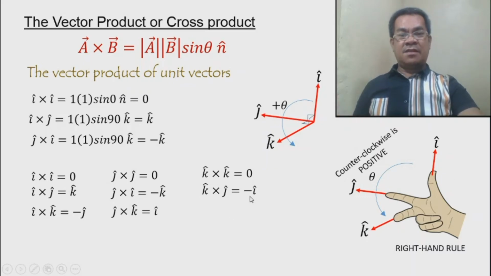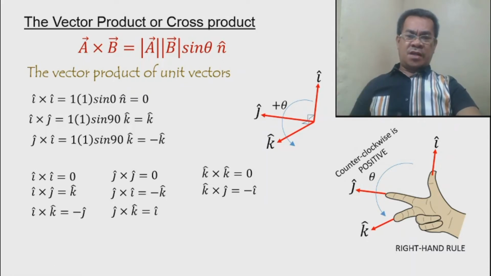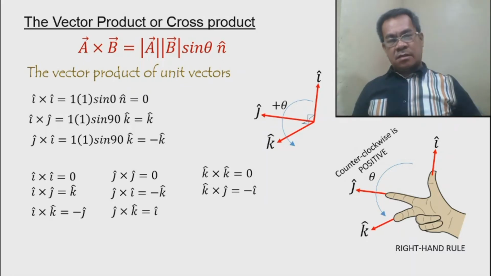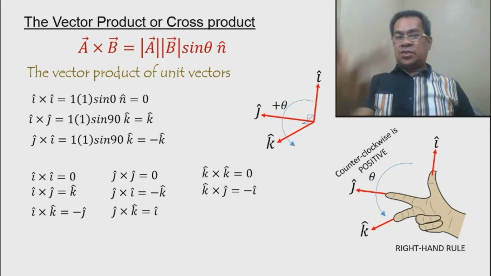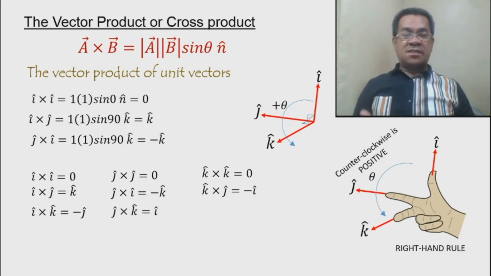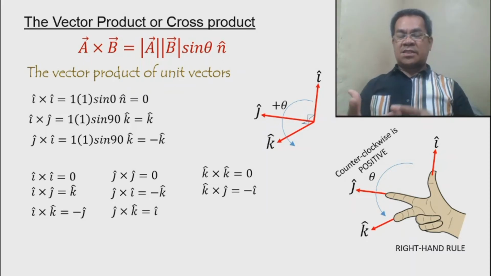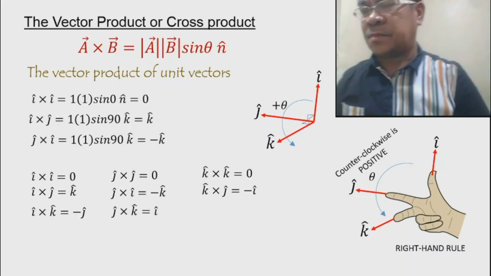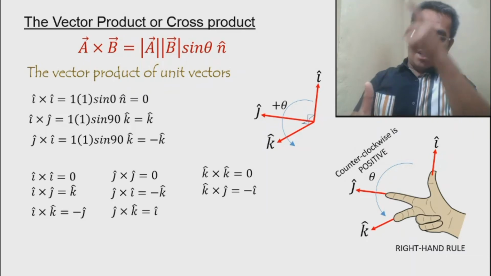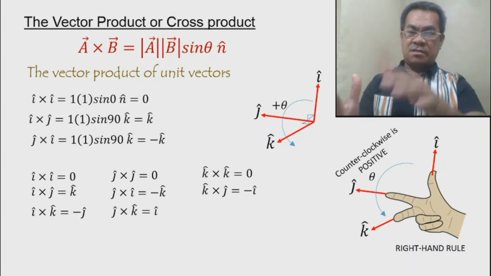That's it. Okay? So, do not memorize the cross product of the unit vectors. Use your right hand. Always bring your solution towards this strategy. You can assign this as I, J, K, and you can rearrange this one.